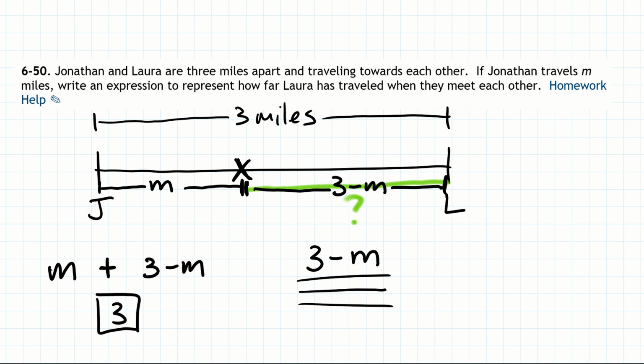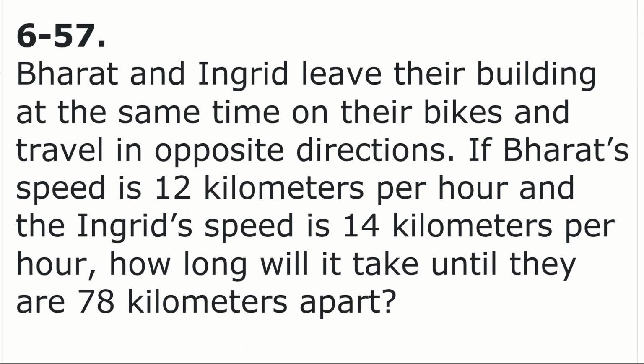So I want you to think about this as we look at this next problem. So this is what we're presented with. Bharat and Ingrid leave their building at the same time on their bikes and travel in opposite directions. If Bharat's speed is 12 kilometers per hour and Ingrid's speed is 14 kilometers per hour, how long will it take until they are 78 kilometers apart?